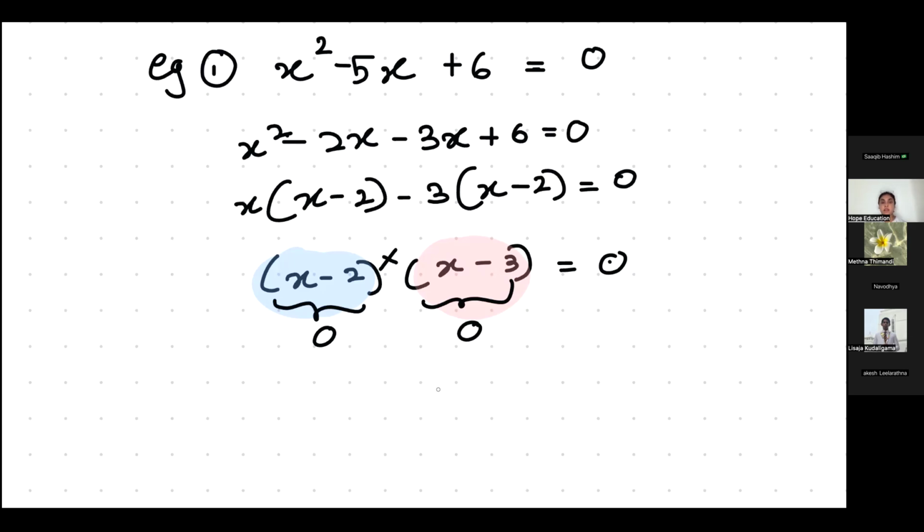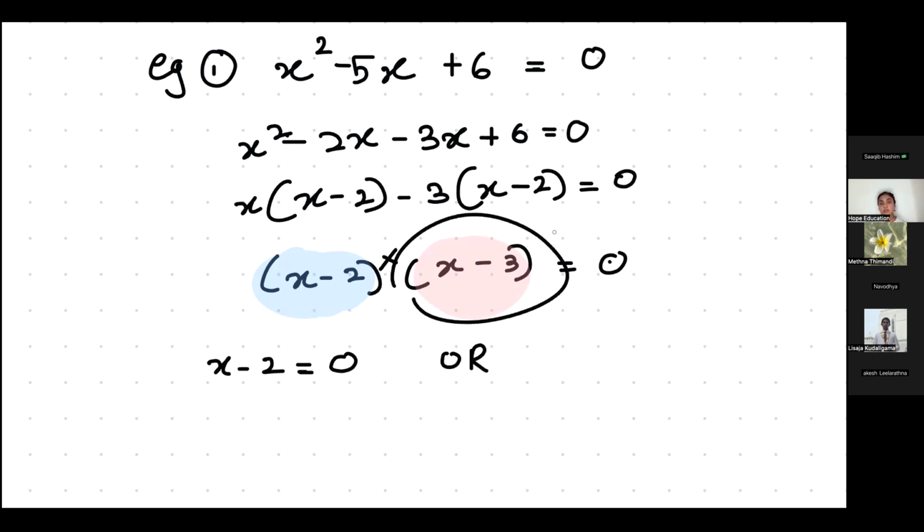All right. Now we don't know which one it is. So I write that x minus 2 can be equal to 0, or x minus 3 can be 0.